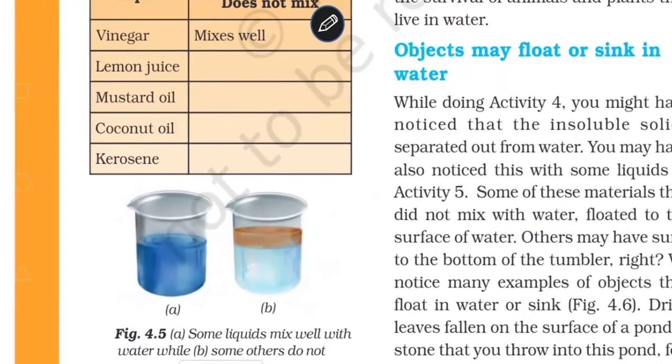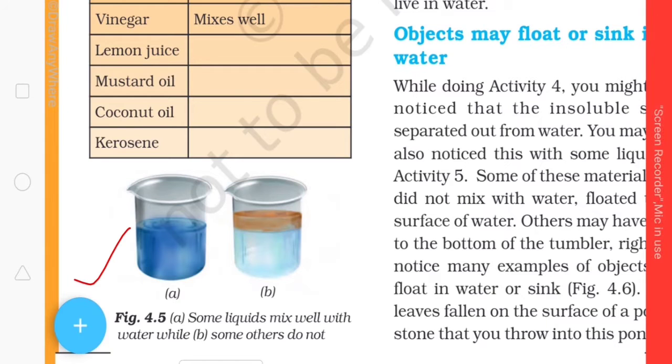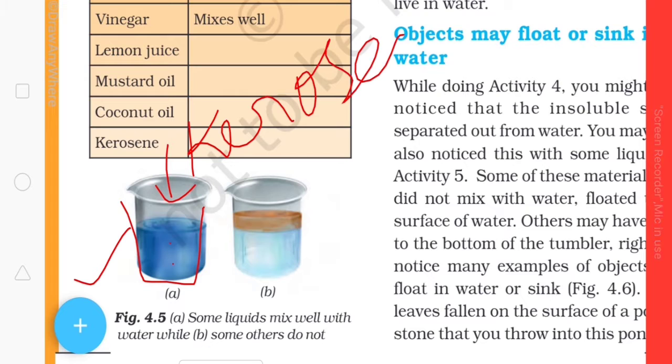So in this activity, see in this figure, what is written: some liquids mix well with water while some others do not. In this first beaker, there is water, and we have added kerosene. Now this kerosene is getting mixed with the water, so that means it is soluble.